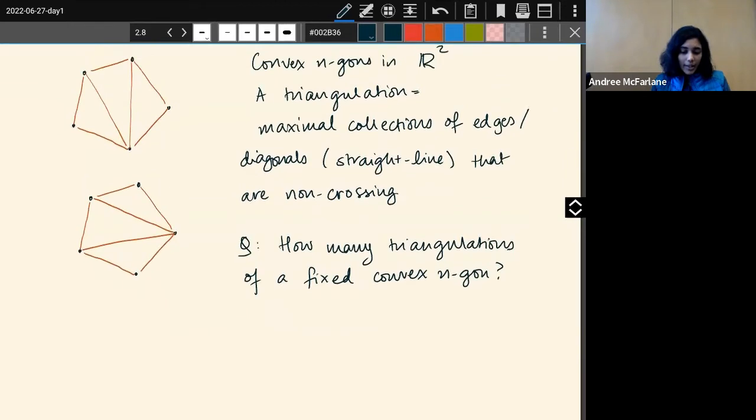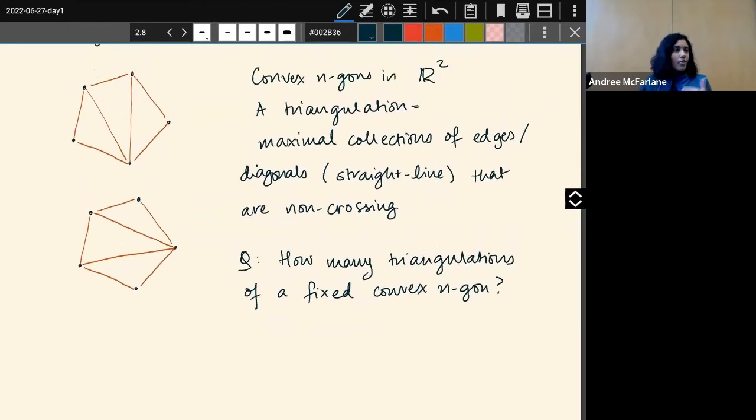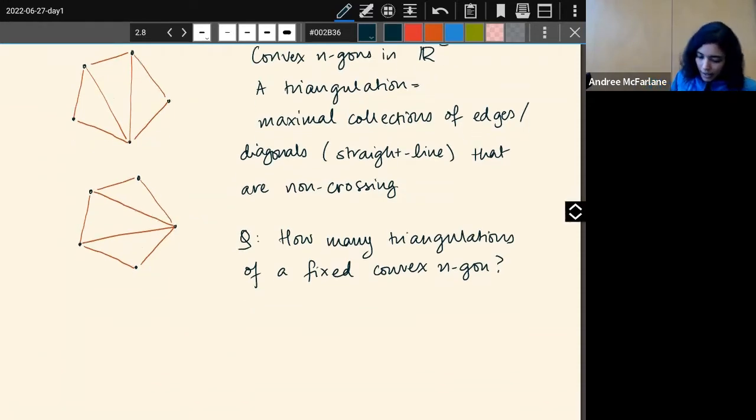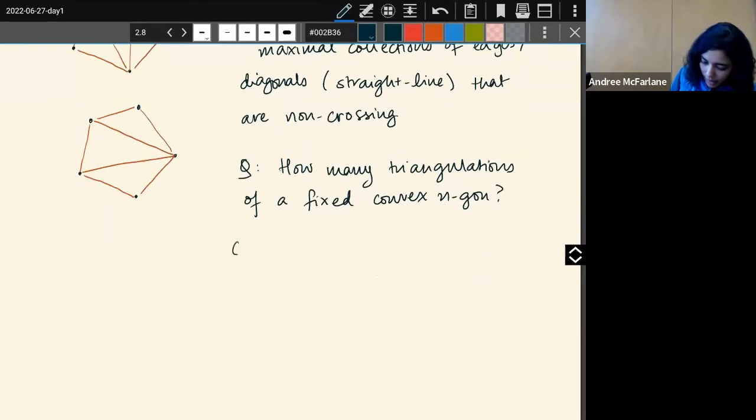But the second question that I want to explore, especially later on, is what can you do if you remove the restriction that you have a convex n-gon? That's where we're going eventually. I'll write that as a question, but for now I won't say anything about it. So what if you don't have a convex arrangement?